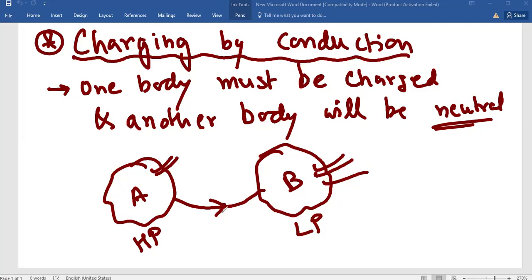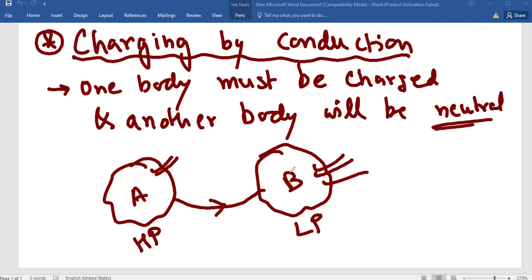We will see some examples for this when we look into the electric potential concept. Then we will see some numerical problems related to charging by conduction. Right now it is not required.